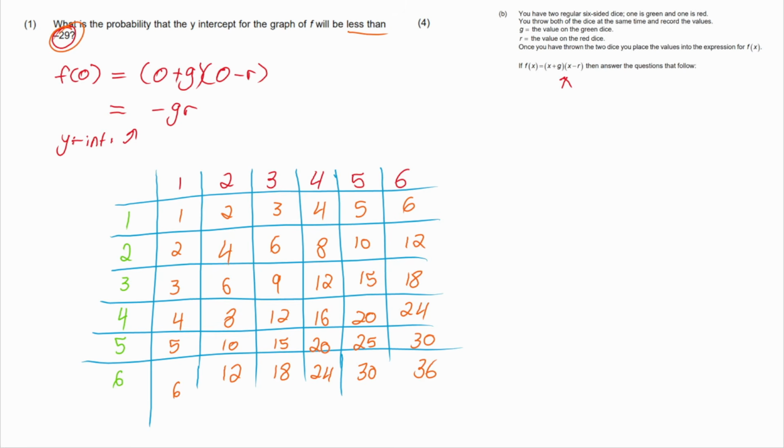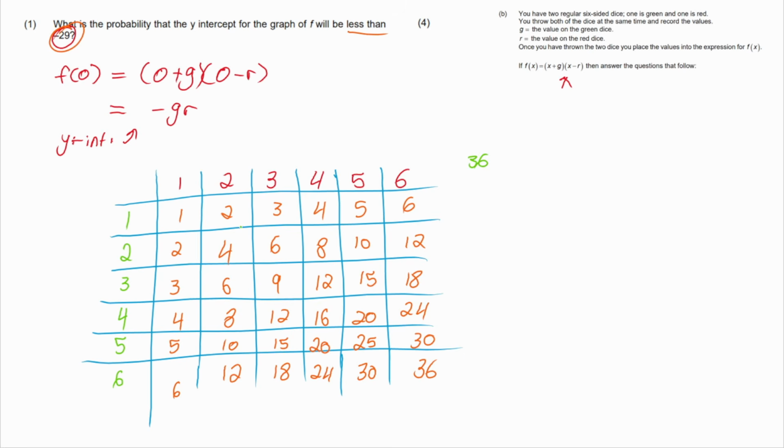So these are all the possible combinations if we multiply the green die and the red die values. We have 6 rows and 6 columns, so the total number of combinations is 36.